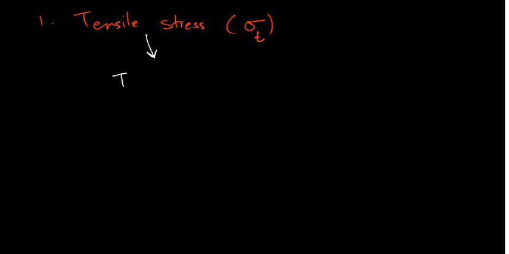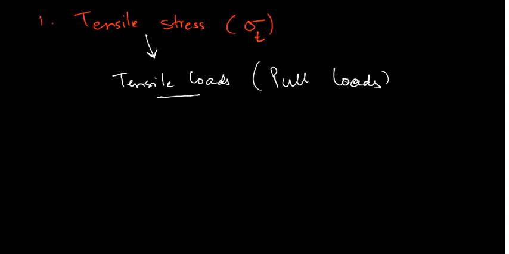What are tensile loads? Tensile loads are loads which are trying to pull a body. You're pulling a body, so tensile loads can be represented as pull loads. Okay. So if I draw a diagram, let's take this bar, and more importantly, draw the axis.